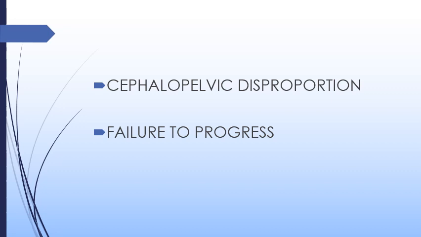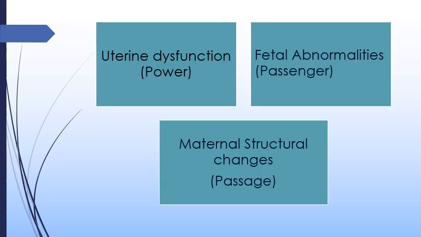After complete cervical dilatation, fetopelvic proportion, namely, the mechanical relationship between the fetal head size and position, the pelvic capacity, and the uterine muscle function determines dystocia. Therefore, dystocia can be a result of power, that is uterine dysfunction, passenger, that is the fetus, and the passage, that is the maternal pelvic structure.